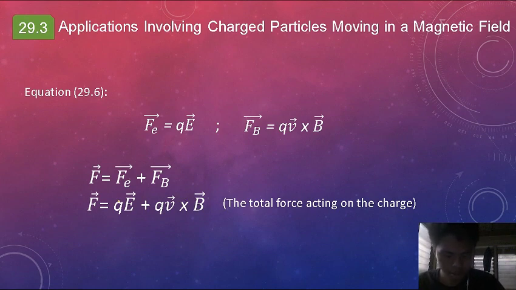So, the total force acting on the charge is the total force, and we have an electric force and a magnetic force, in which the electric force equals, going back to our first topic, charge times electric field, while the magnetic force is charge times velocity times magnetic field. We will have the total force acting on the charge, which is charge times electric field plus charge times velocity cross magnetic field.